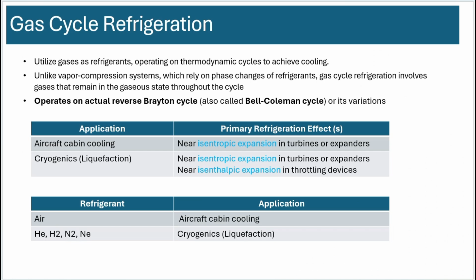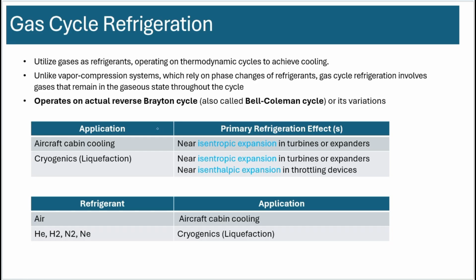You have learned about gas cycle refrigeration and the reverse Brayton cycle in the previous lecture, and you already know that in gas cycle refrigeration, there is no phase change. It's mainly gases going from a high pressure state to a low pressure state, and in some situations they undergo heat transfer.